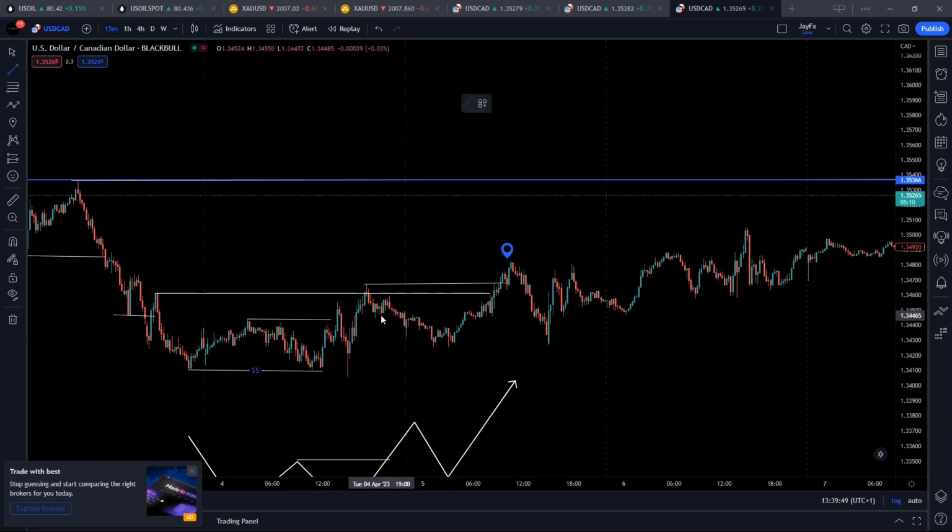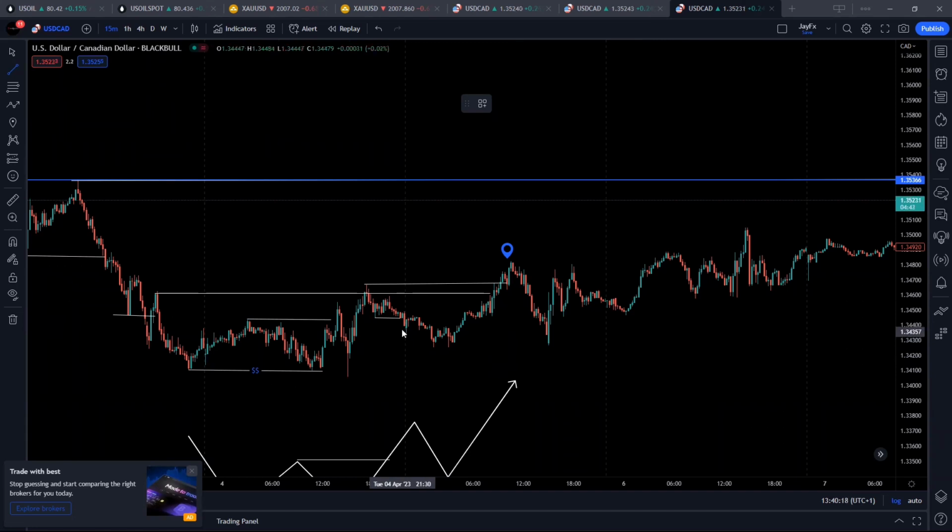We call this movement a corrective movement, not an impulsive movement. The movement going to the upside, forming higher highs and higher lows, those are the impulsive moves, but the corrective moves are the ones where price is just forming a higher low, depending on how the market structure is.